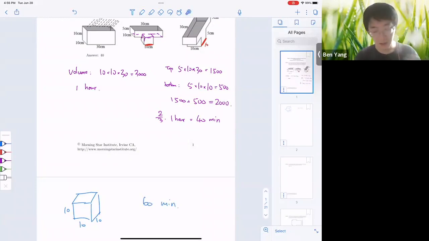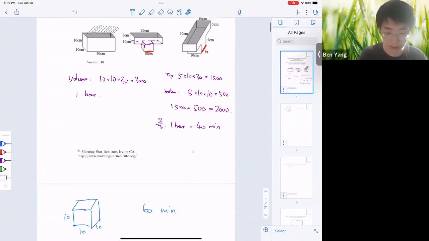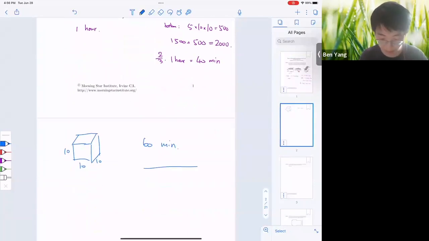So why is that? Well, one way to think about it is, if you look at our original container there, the 10 by 10 by 30, we can actually cut it into 3 containers that are exactly the same. So yeah, let me draw a 30 by 10 by 10 container.